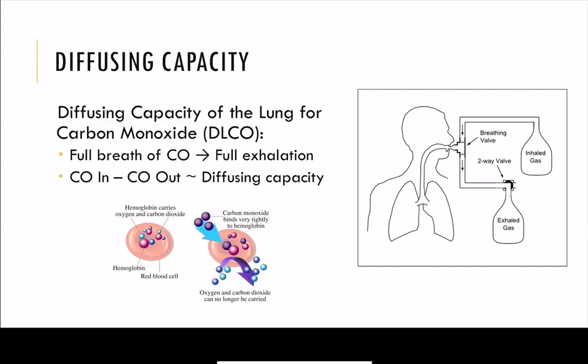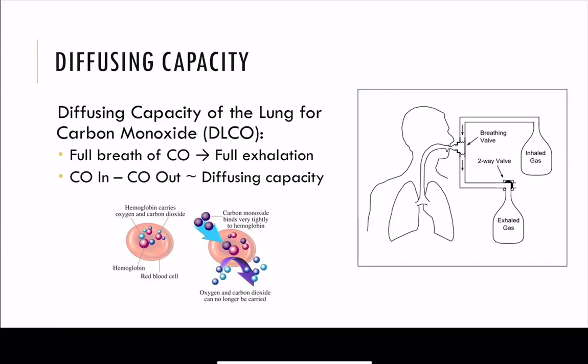And you can measure the volume of carbon monoxide that went in, and you can measure the volume of carbon monoxide that came out, and whatever doesn't come out, diffused, right? So the difference between the carbon monoxide in and the carbon monoxide out shows you your diffusion capacity.